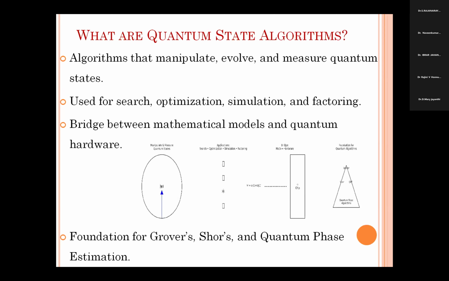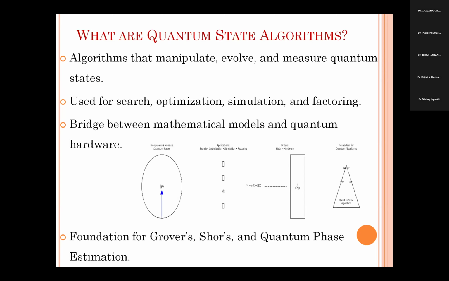First, manipulate, evolve, and measure the quantum states; we will see these later in further slides. Second, used for search, optimization, simulation, and factoring. Third, a bridge between mathematical models and quantum hardware. Fourth, the foundation for Grover's, Shor's, and quantum phase estimation.